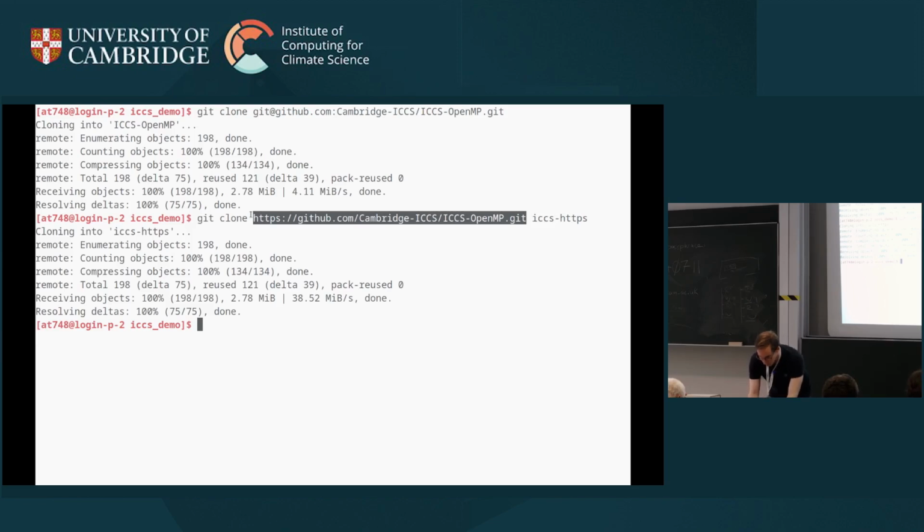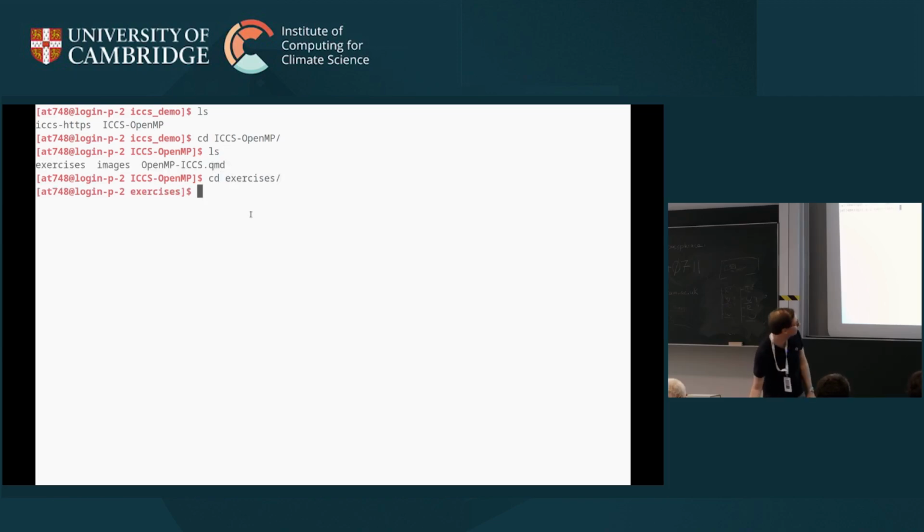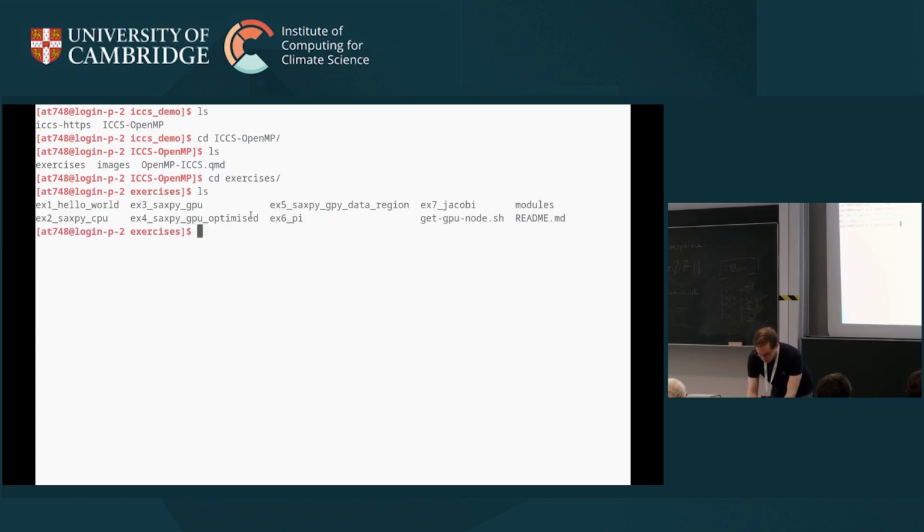Right. Anyway, once we have cloned it, we enter ICCS OpenMP. These are the files. There is an exercises folder, which we head into. So there are our 7 exercises.